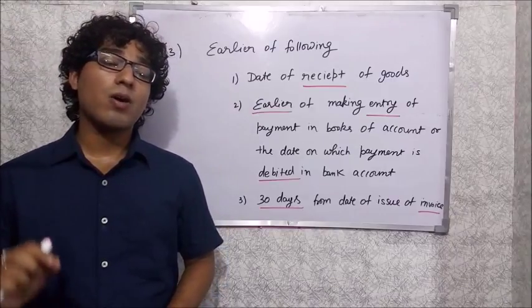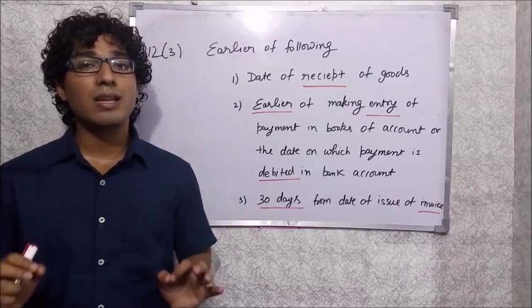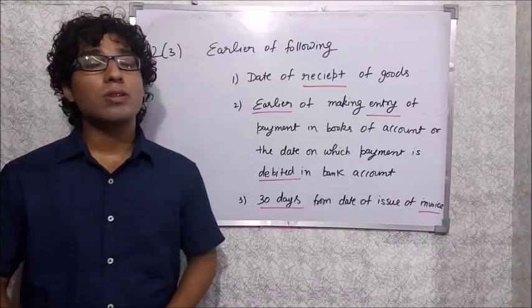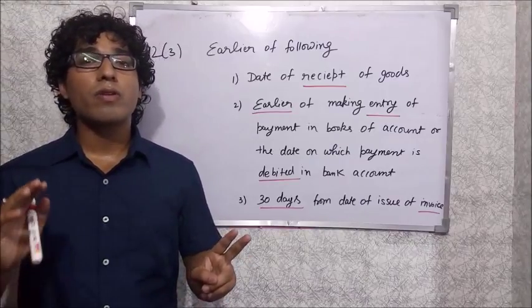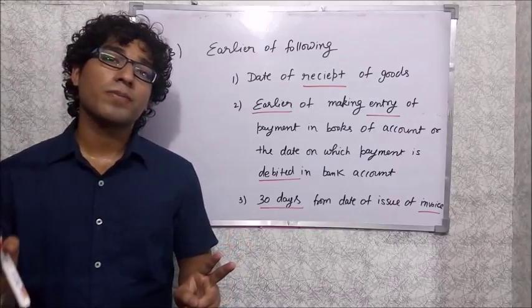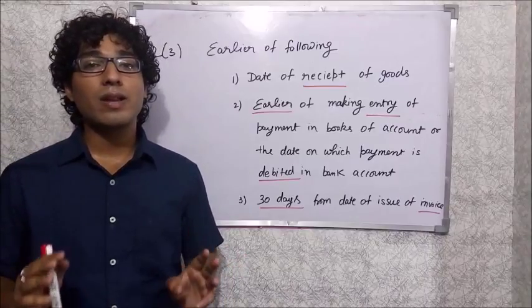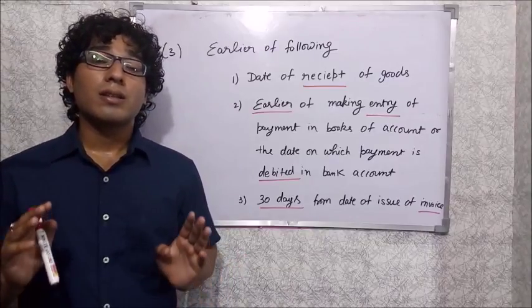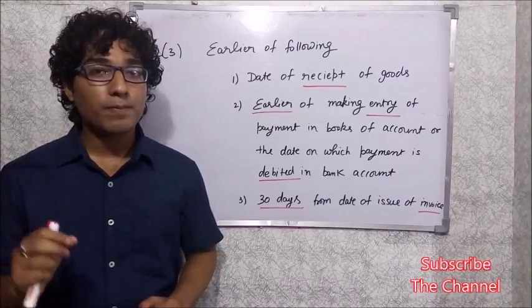The time of supply of goods in case you are under the reverse charge mechanism is the earlier of the three events. First event is when you receive the goods into the factory. Second event is the earlier of when you make the entry of payment in your books of account, or when the amount is debited into your bank account. And the third event is after 30 days from the date of issue of invoice.